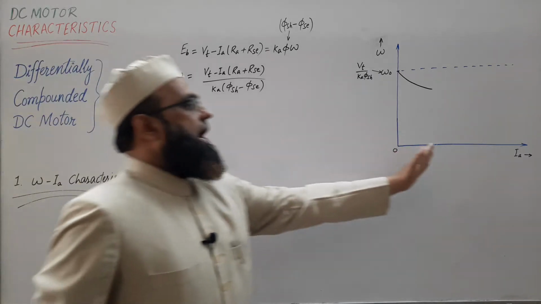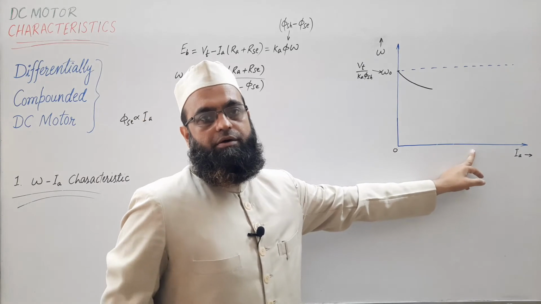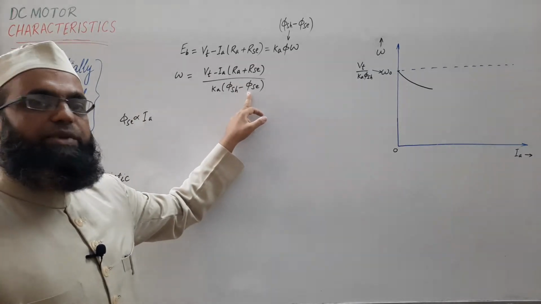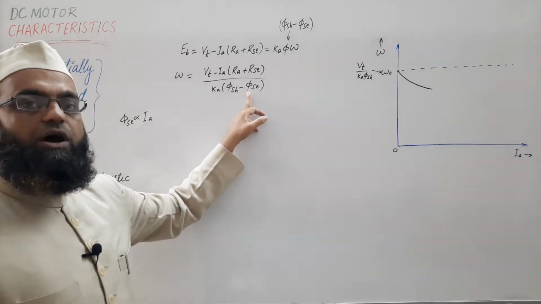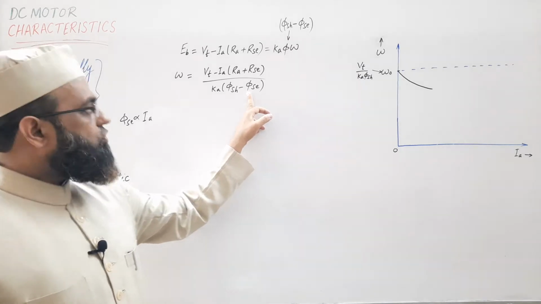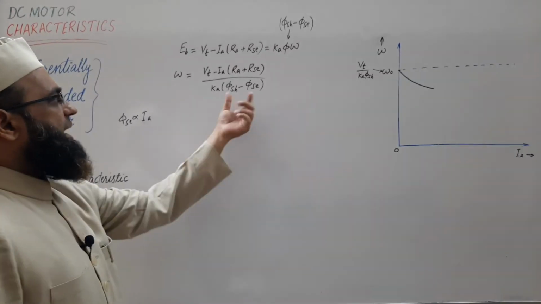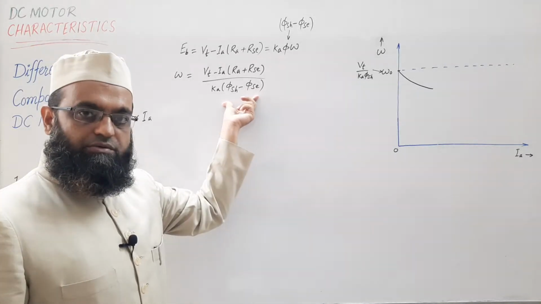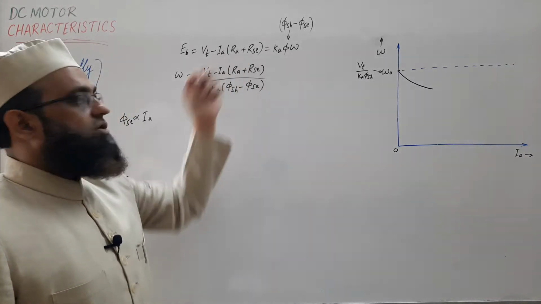After a certain value of Ia, the value of phi se will have increased up to a significant value, so that the impact of the denominator will start dominating the impact of the numerator.